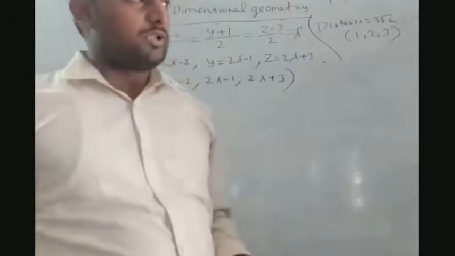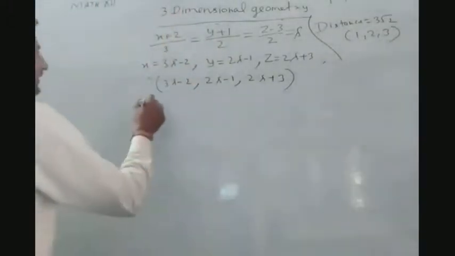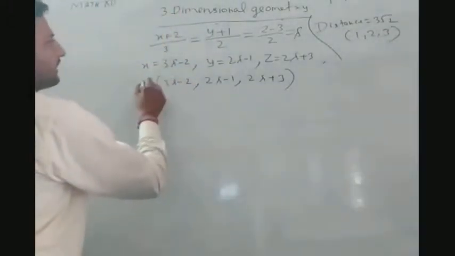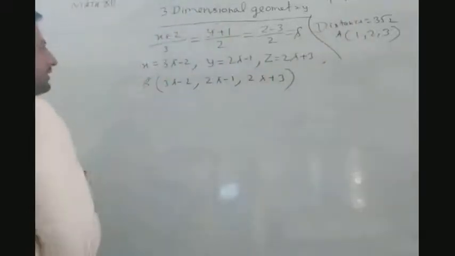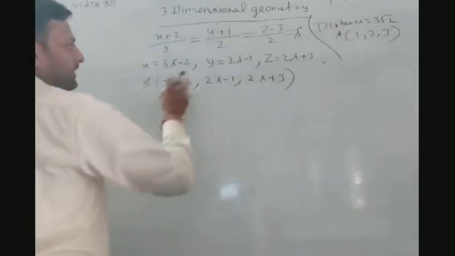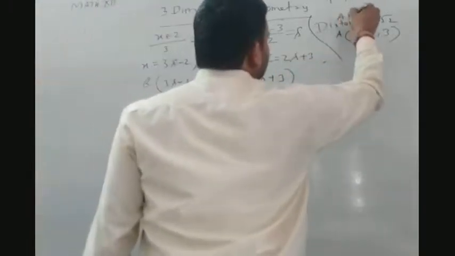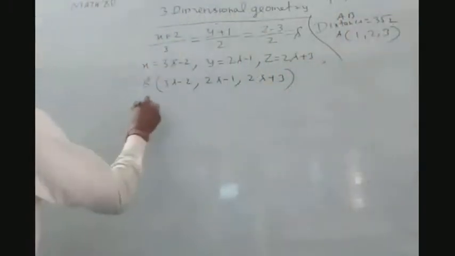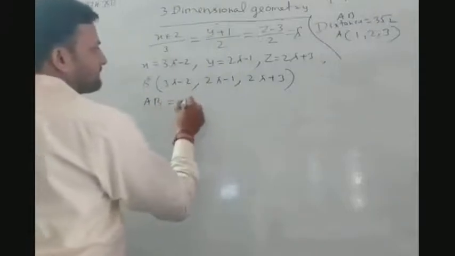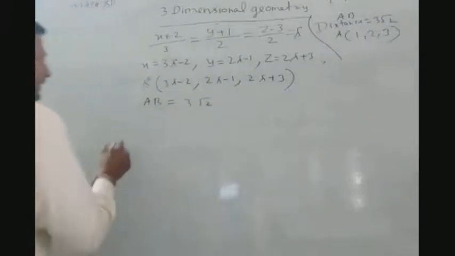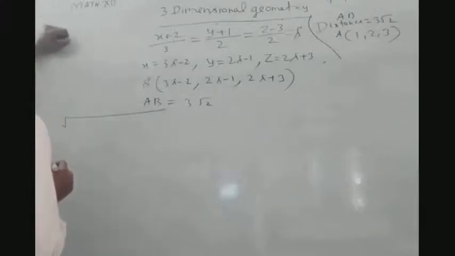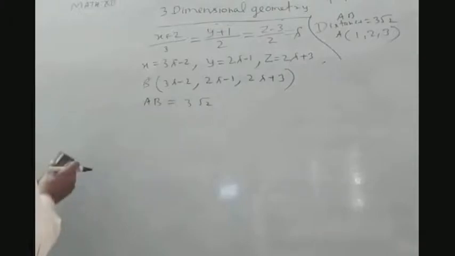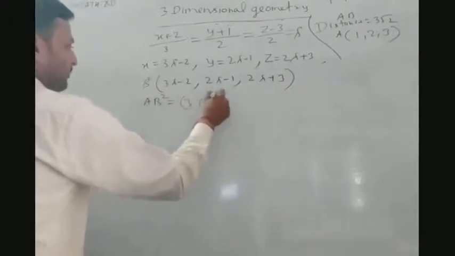So we will use the distance formula. Suppose this is point A and this is B. The distance AB is given as 3 root 2, so we write AB square is equal to (3 root 2) whole square.